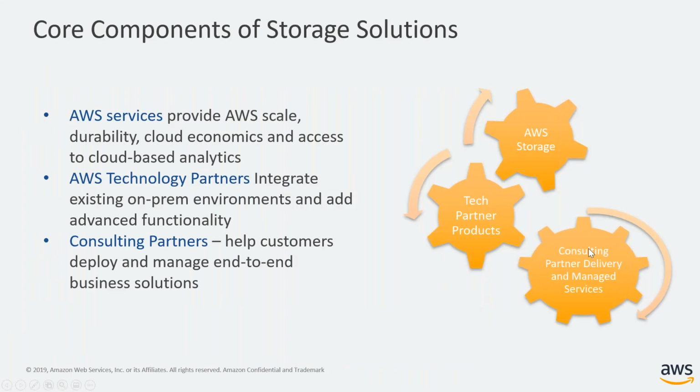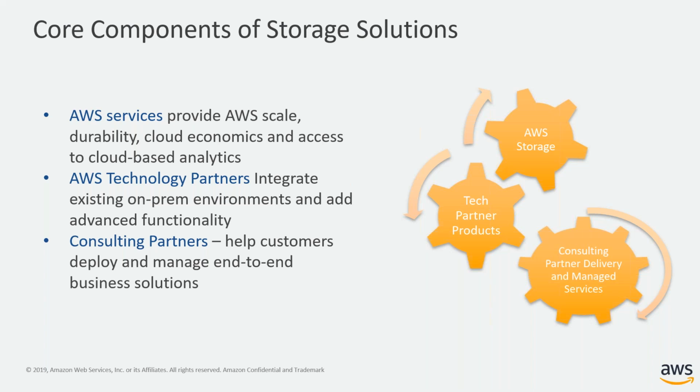So what are some of the core components of storage solutions on AWS? The first component is the AWS services. We're not only talking about storage services, but a wide variety of services that AWS offers. At present, AWS offers over 165 different services.